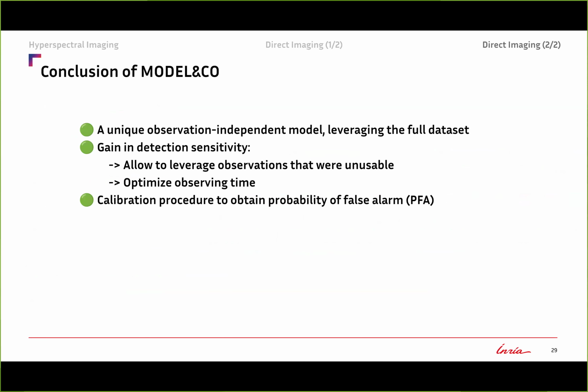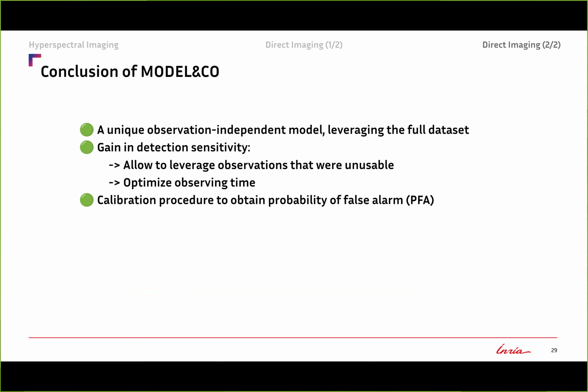Okay, so to conclude on Model&CO, one of the key advantages of Model&CO is to obtain a single observation-independent model that is able to use a full archive of observation.